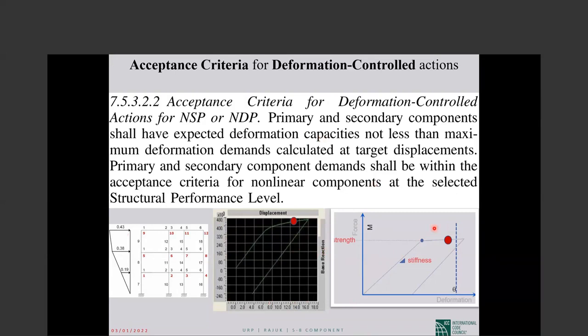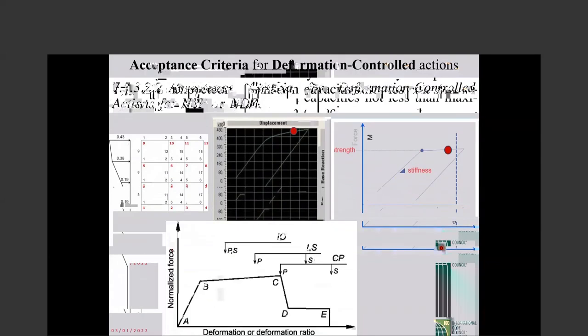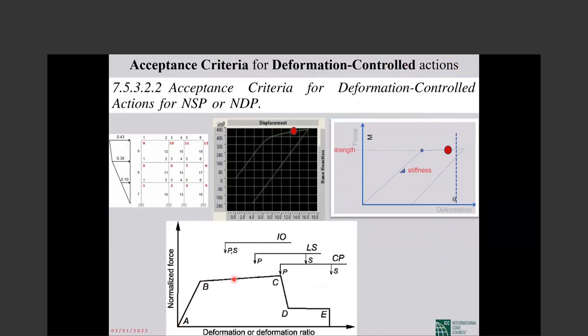And where can we find the deformation capacity? That was the main important thing I mentioned at the beginning: the different codes for existing buildings, that's their best. In the codes for existing buildings, we have two very important things.